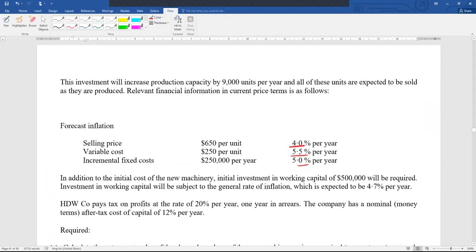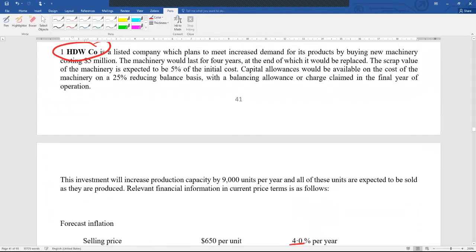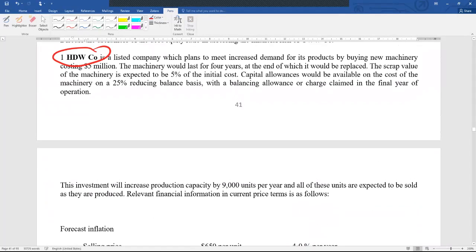So go through this question, then we can attempt it. HDW company, page 41, 42. Go through it, we discuss together.